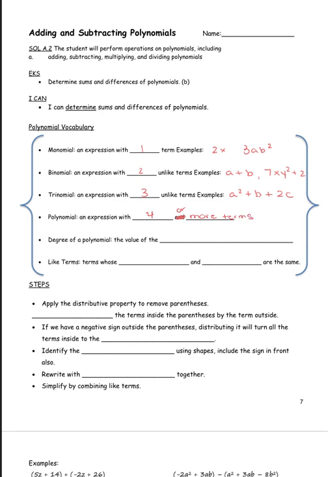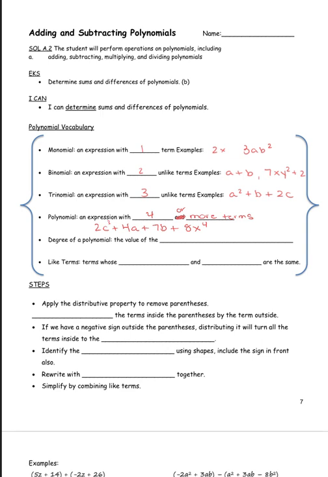Okay, sometimes as you get further in math, you'll see where it says n number of terms. So for a polynomial, for example, we could have 2c cubed plus 4a plus 7b plus 8x to the fourth. Okay, again, with a polynomial, you're going to have four or more terms.